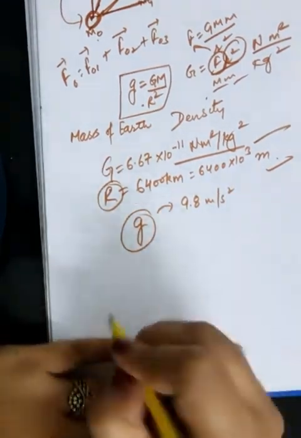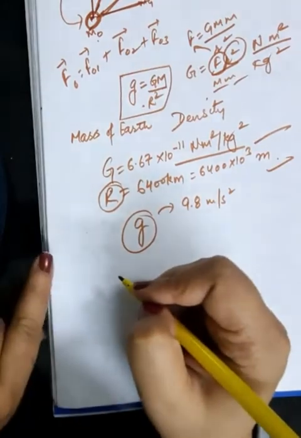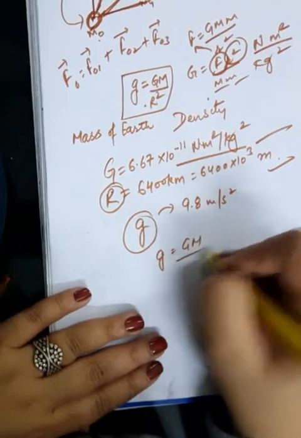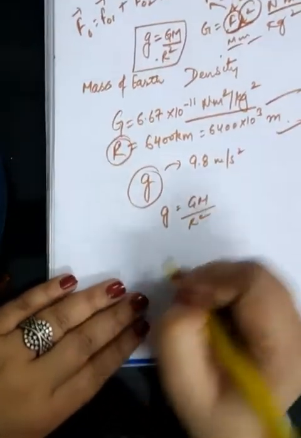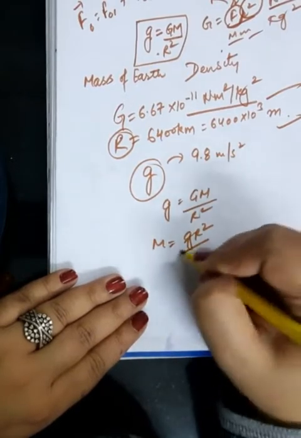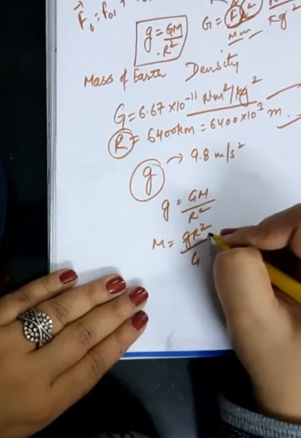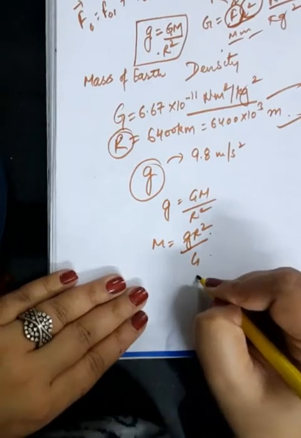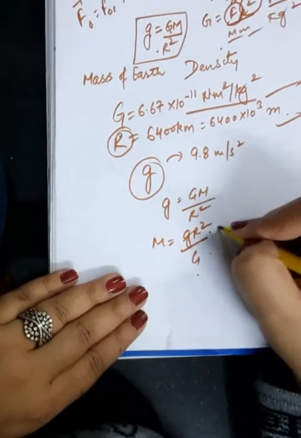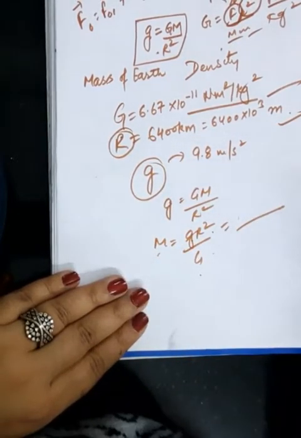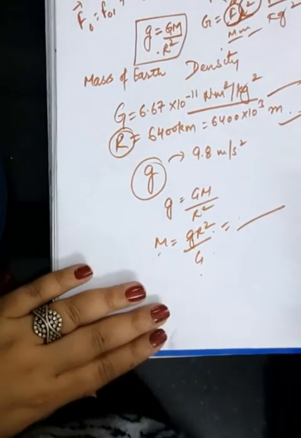So after that, let's have a look here. How can you go about it? See, small g is equal to GM upon r square, right? So M is equal to gr square upon G. When you put the values 9.8, 6400 kilometer and 6.67 into 10 raised to the power minus 11, then you are going to get the answer of mass. You're going to get the mass of the earth.